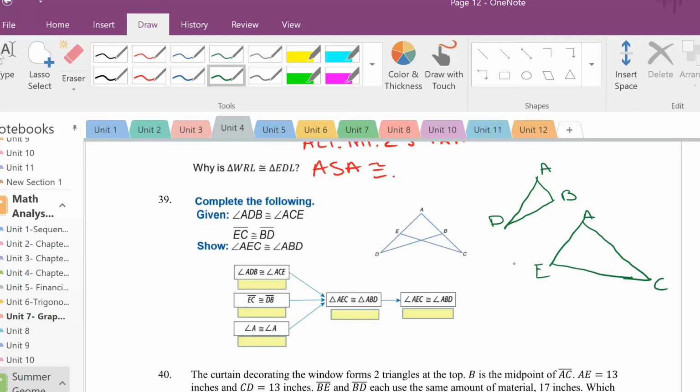So what it's saying here is angle ADB is congruent to angle ACE. So here and here. And that is given. EC, so EC right here is congruent to DB right there, that's given. Angle A is congruent to itself. Notice A is the same in both of them because that's the reflexive property.